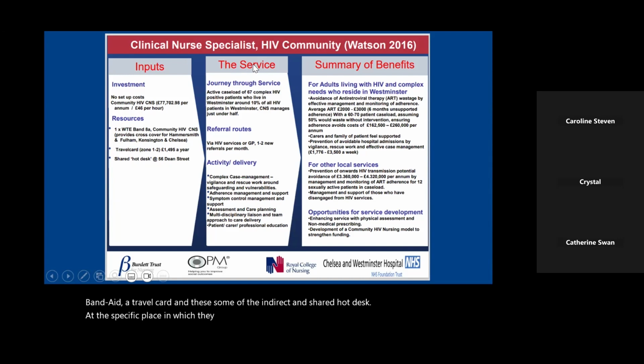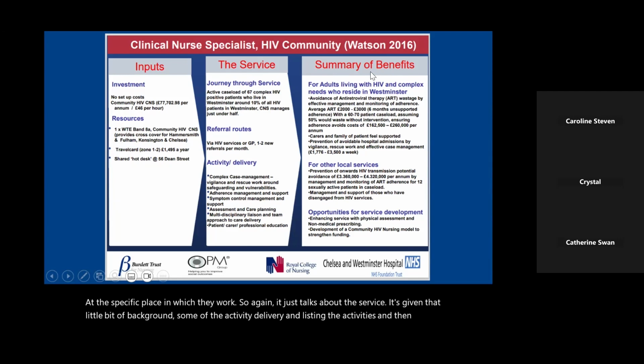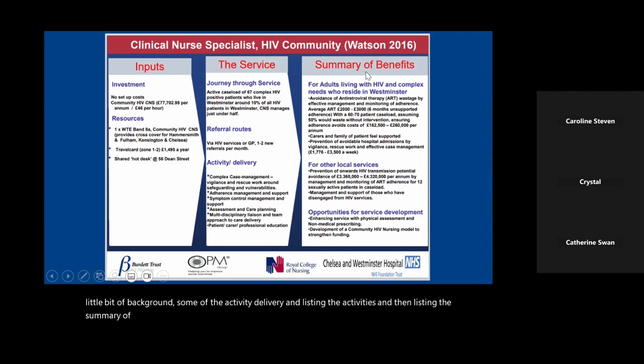So again, it talks about the service, gives that little bit of background, some of the activity delivery, listing the activities, and then a summary of benefits, or projected benefits, for individuals.